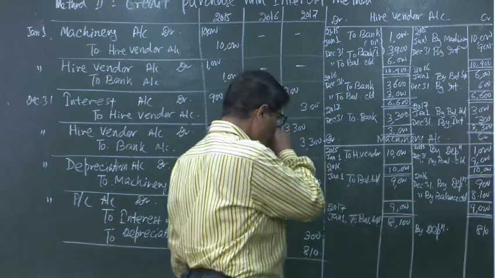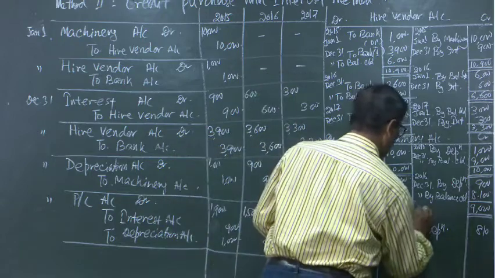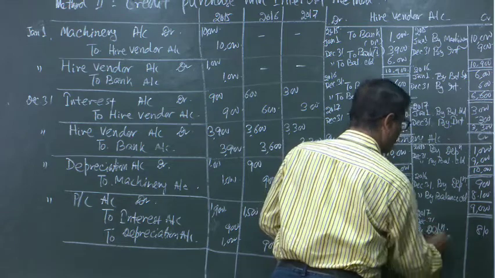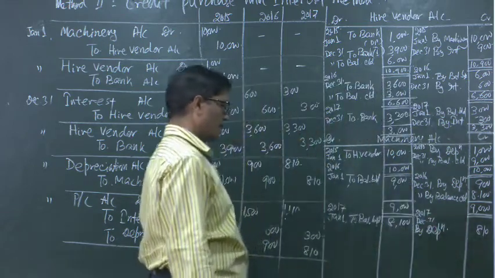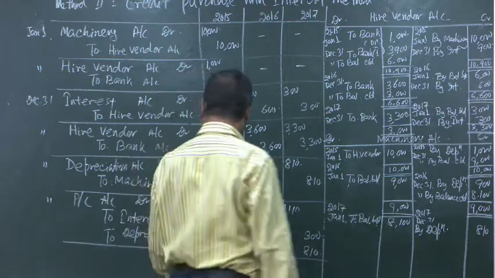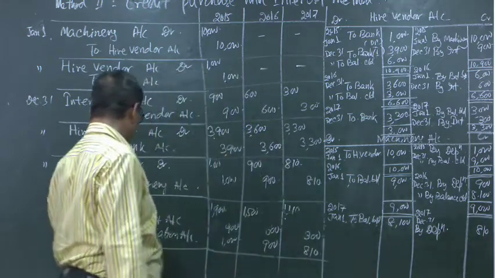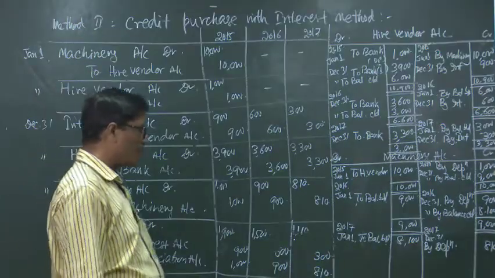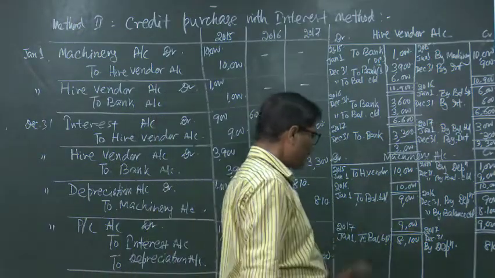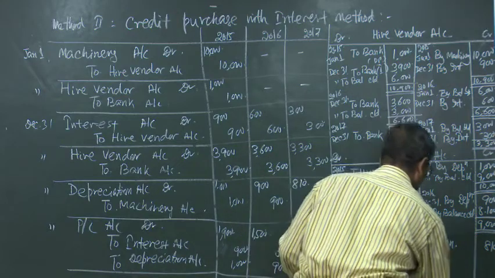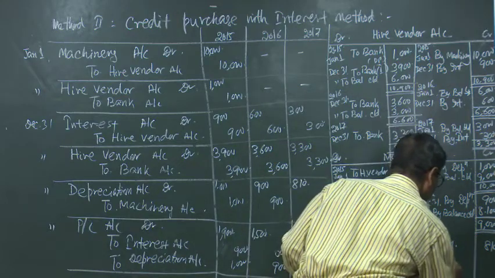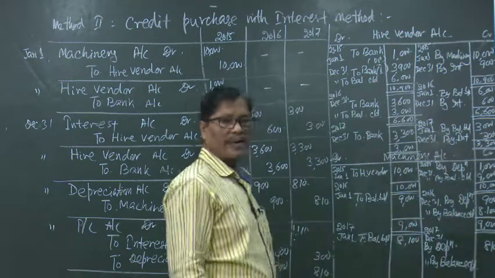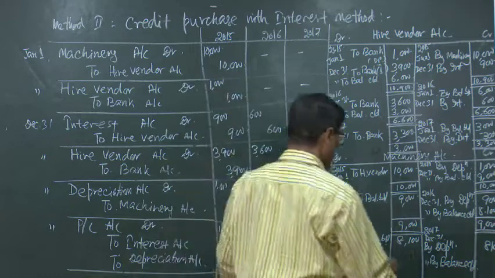That is the last year, 2017 December 31st, by depreciation 810. No further entries are there. Profit and loss account debited to interest and depreciation account will be taken to profit and loss account. We are not preparing. Then this account will be closed on the same date by balance carried down, how much?